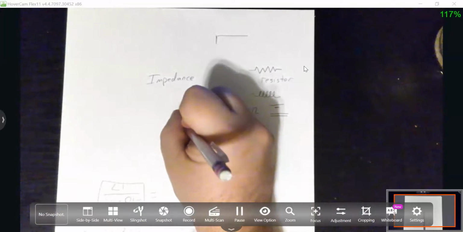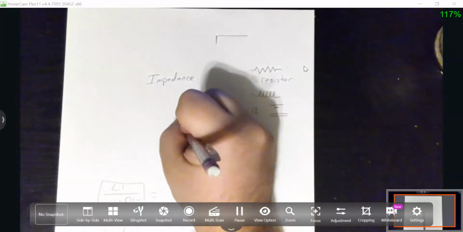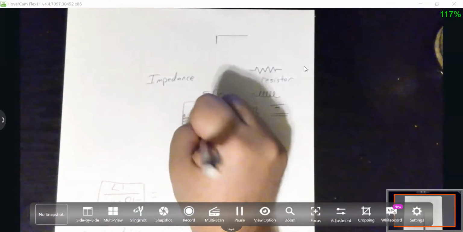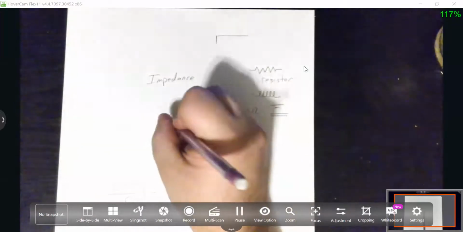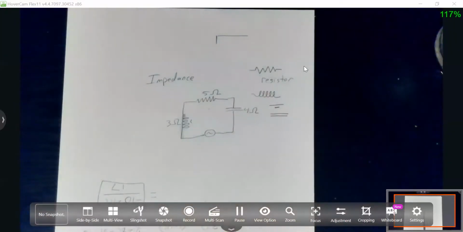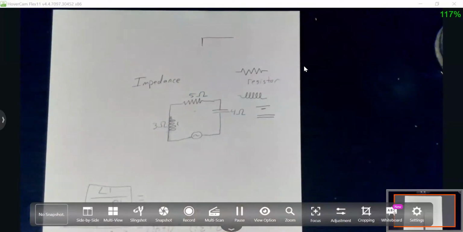How do you draw that sideways? There we go. And the inductor is running 3 ohms. So this would be an example of a circuit diagram that would be used. This is kind of a weird circuit, honestly. We have an inductor, capacitor, and a resistor here.